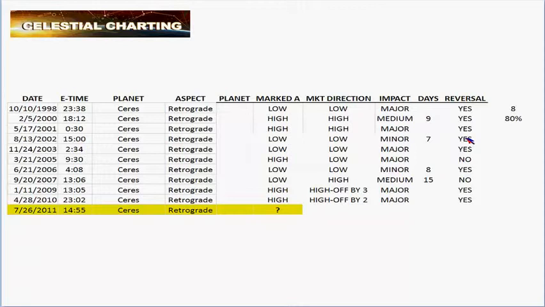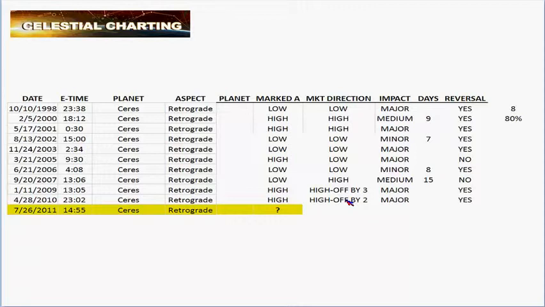So yesterday, obviously, I threw that out there, what I was looking for was maybe that the market was going to reverse and we were going to continue to move up into the full moon. It was going to release some information to us for sure. What you can see here is that the last two series going retrograde, the high has been off by either 2 or 3 days.